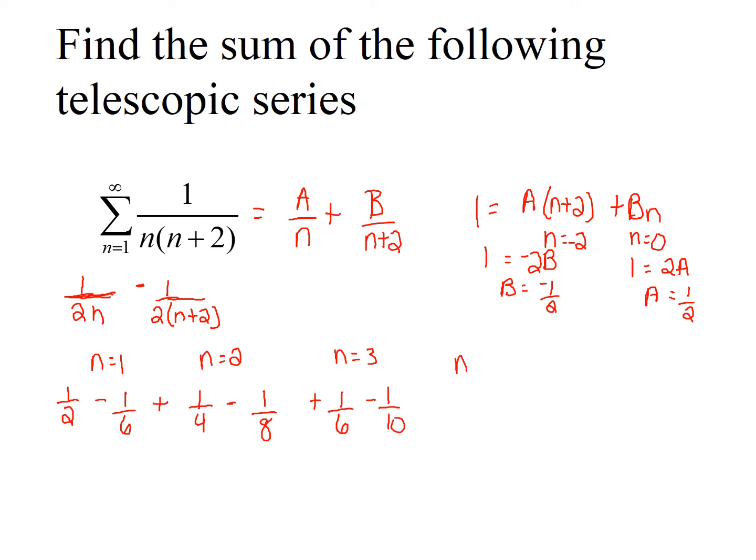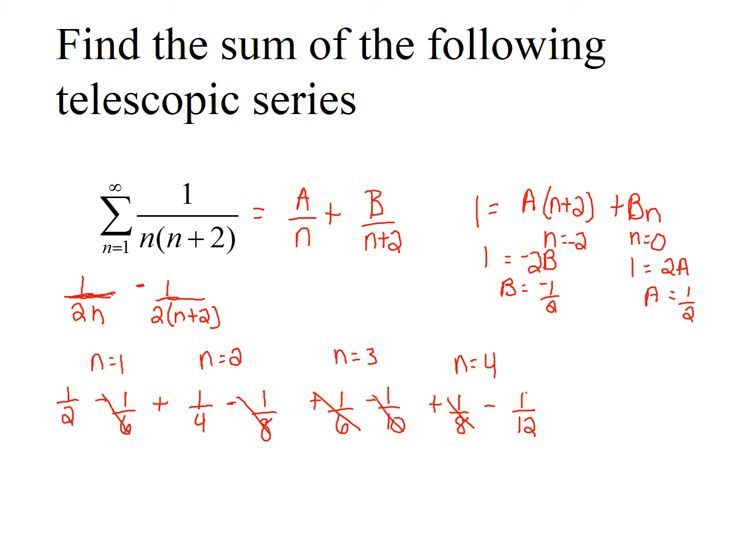Let's just do it again for good measure. If I do n equals 4, I get plus 1/8 minus 1/12. Okay, so let's see, how does this collapse? We see the 1/6 zeroes out, the 1/8 zeroes out, and I could see that over the next one, when I plug in 5, I'd get 1/10, so I would see that that would collapse.